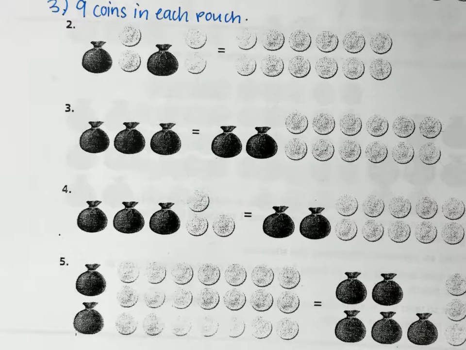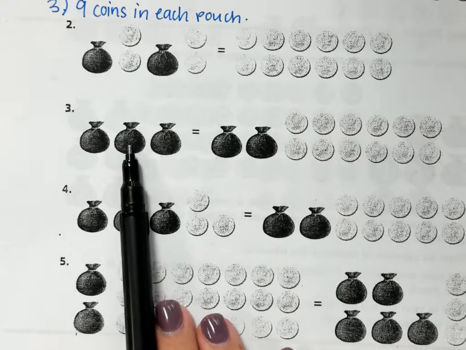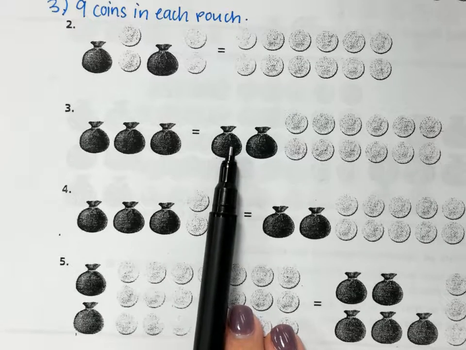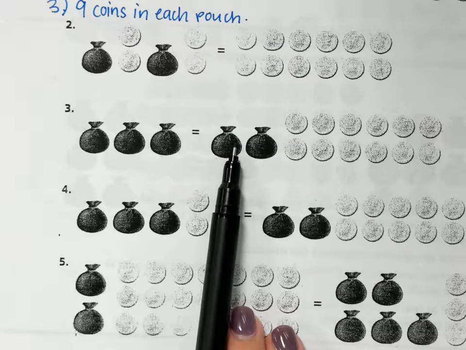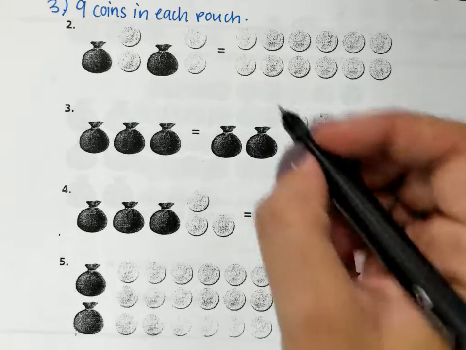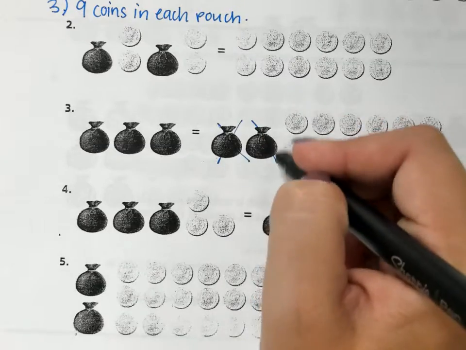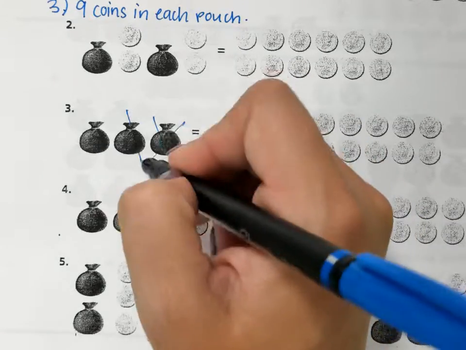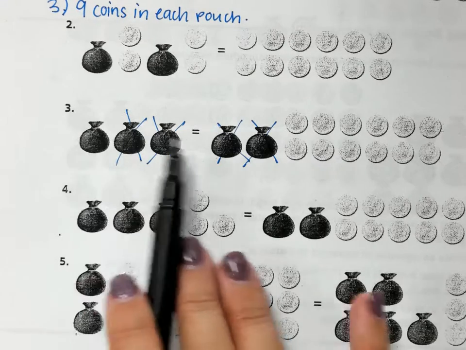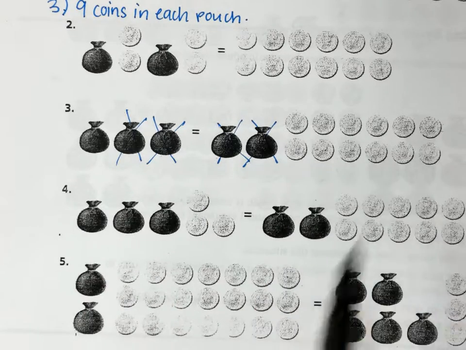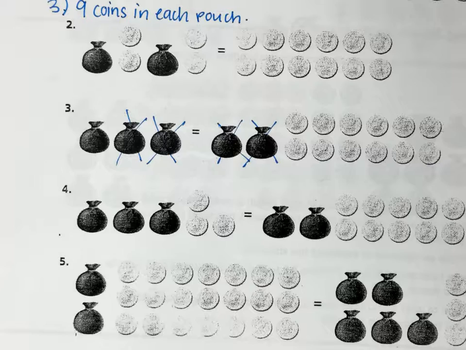No. Why not? If I have 3 pouches on this side and 2 pouches on this side, then that means I can take away at least 2 pouches from both sides, right? So if I take away 2 pouches from both sides, that leaves me with 1 pouch, which is equal to 12 coins. And I'm done.